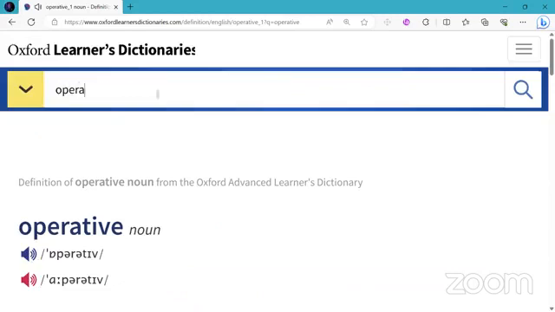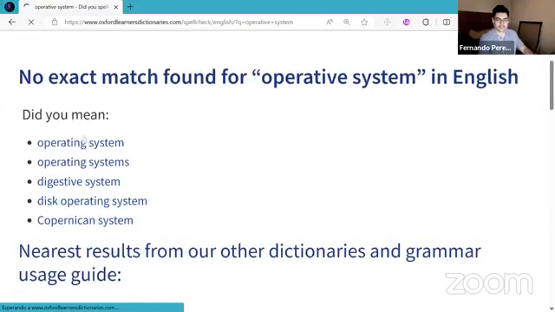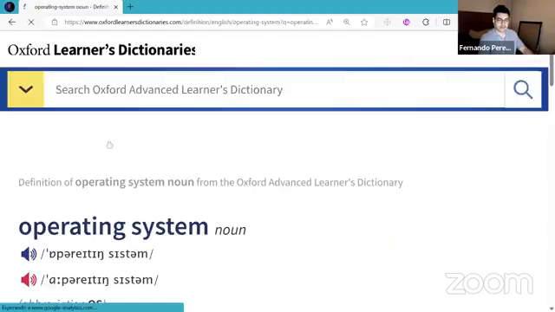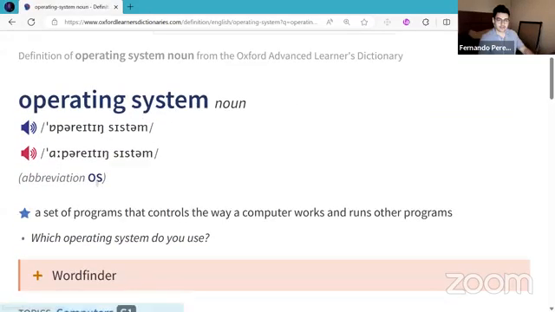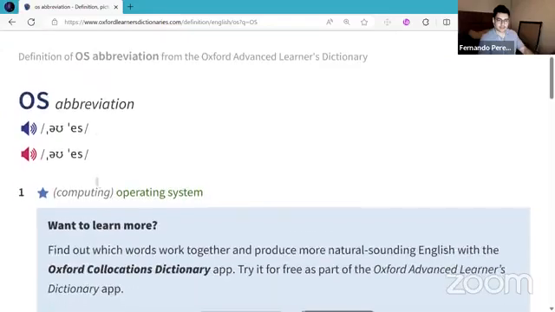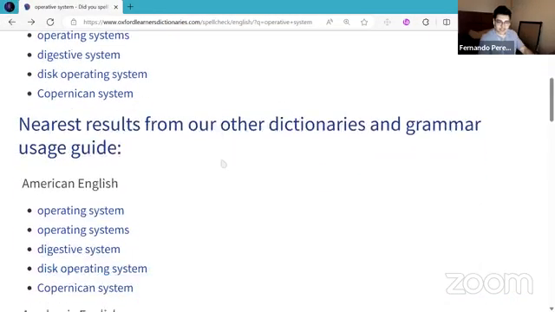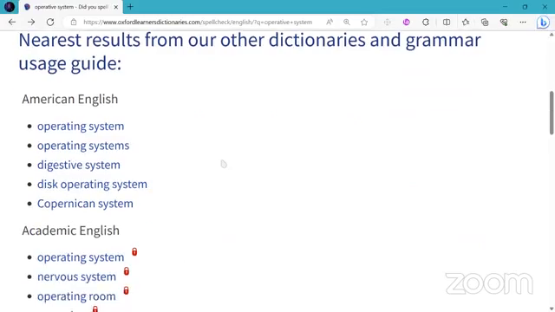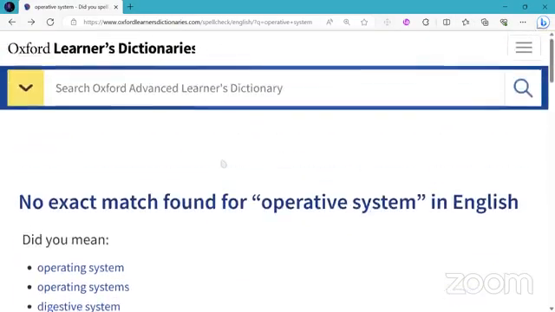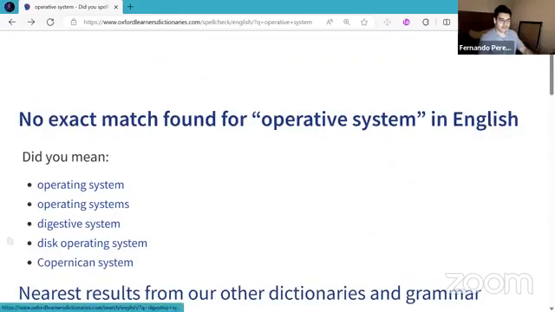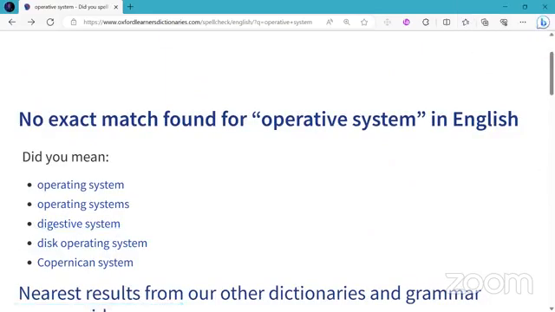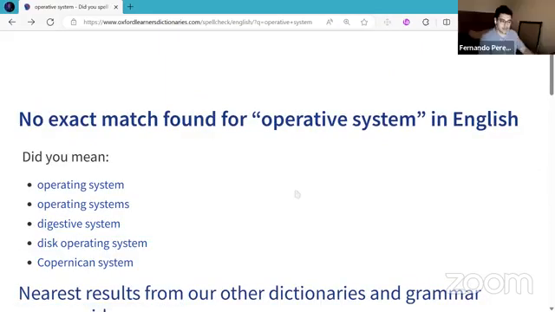Can you repeat? It's not operating. Oh, in the dictionary it is operating. Teacher, yes, I hear operating with ing. I have operating system in my notes.